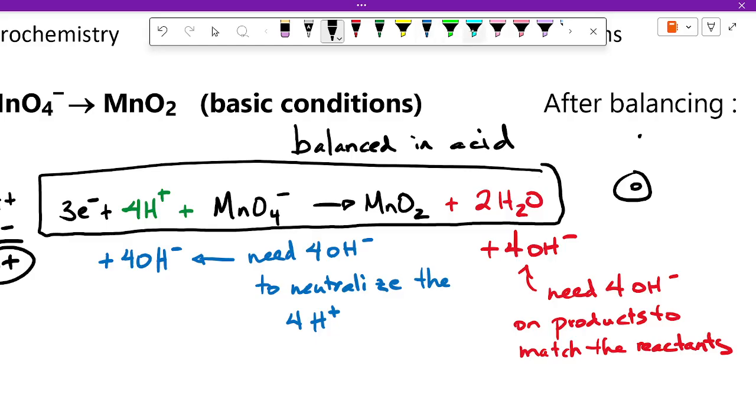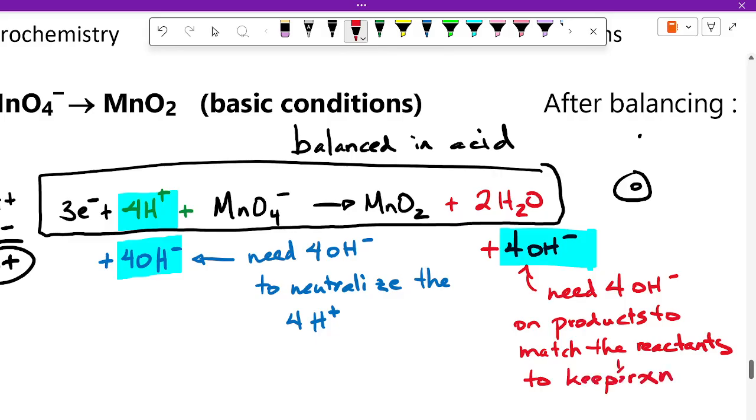And then, because we have 4 hydrogens, we add 4 hydroxides to neutralize. But in order to keep it balanced, we add 4 to the other side as well.